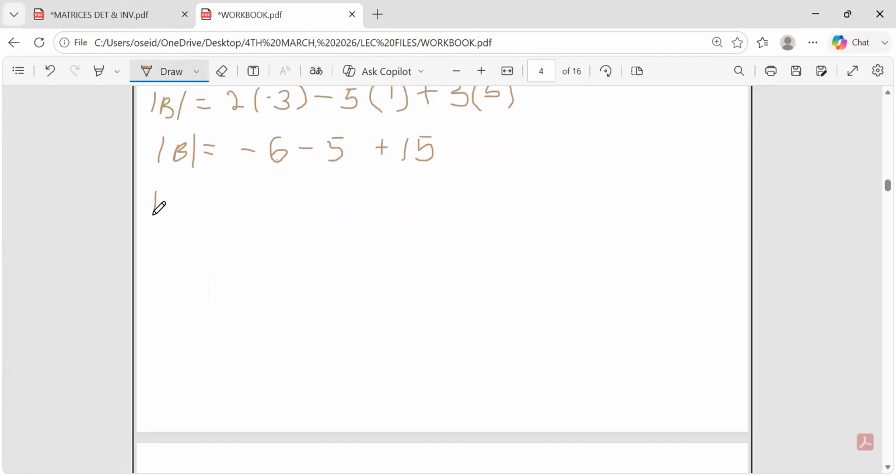So that B will be equal to 4. So the determinant is 4.